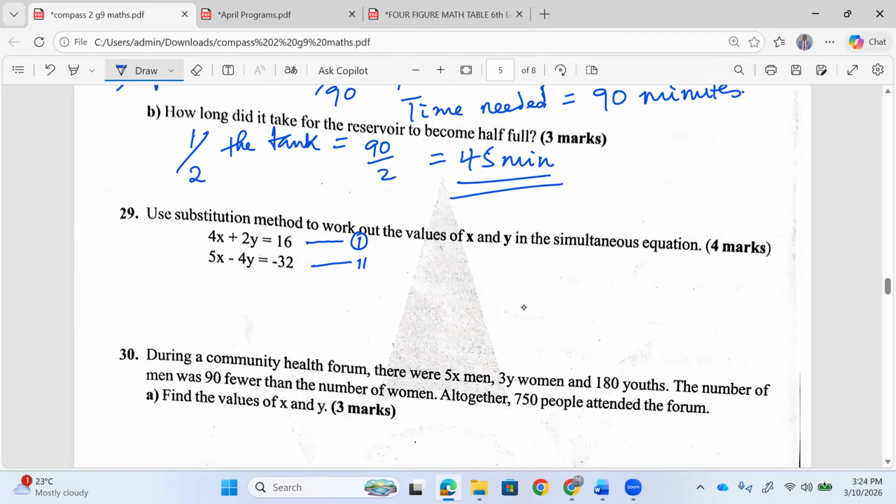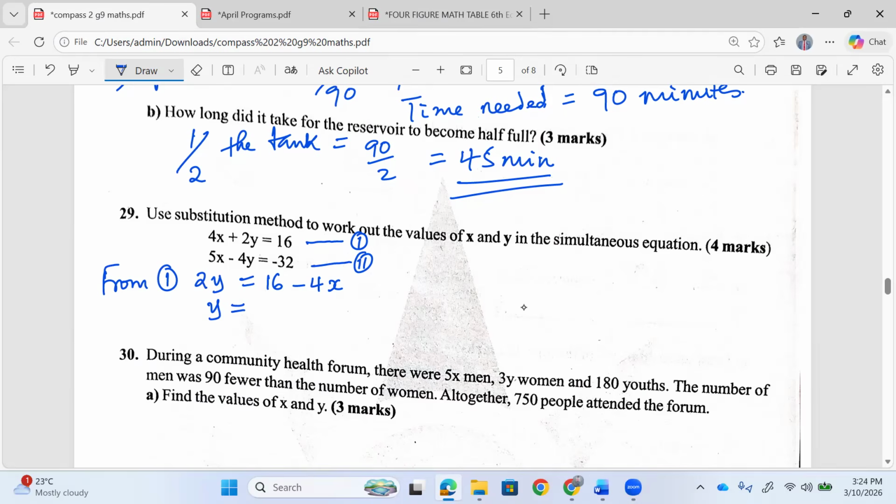We can let the equations be 1 and 2, so that from equation 1, let us say we need to express the value of y. You see, 2y equals 16 minus 4x, because when 4x is taken to the right-hand side, it shall become negative.